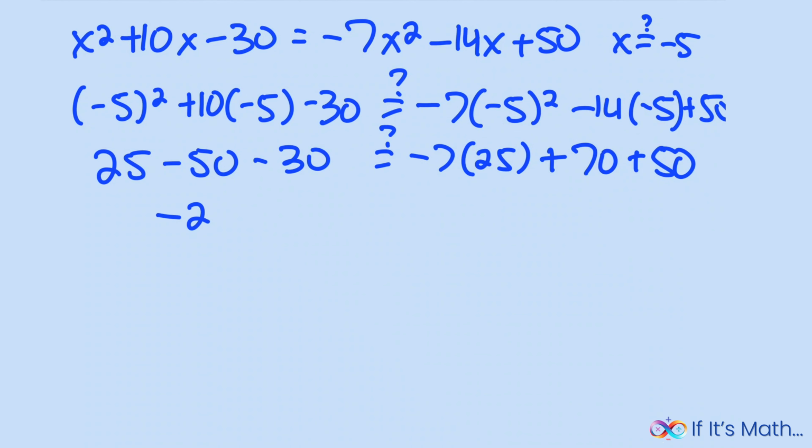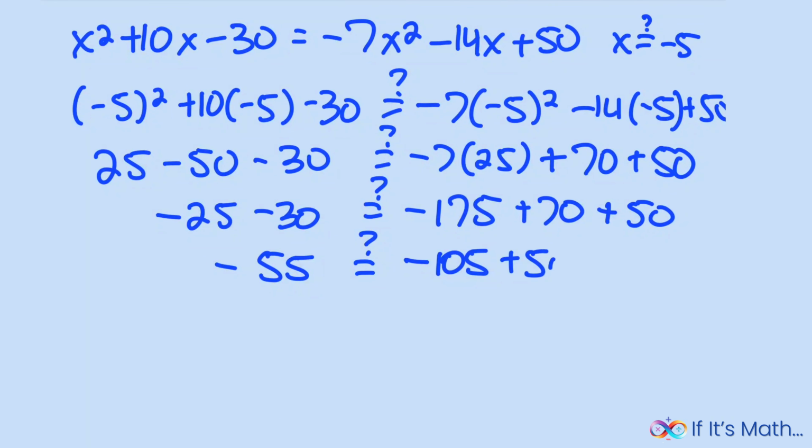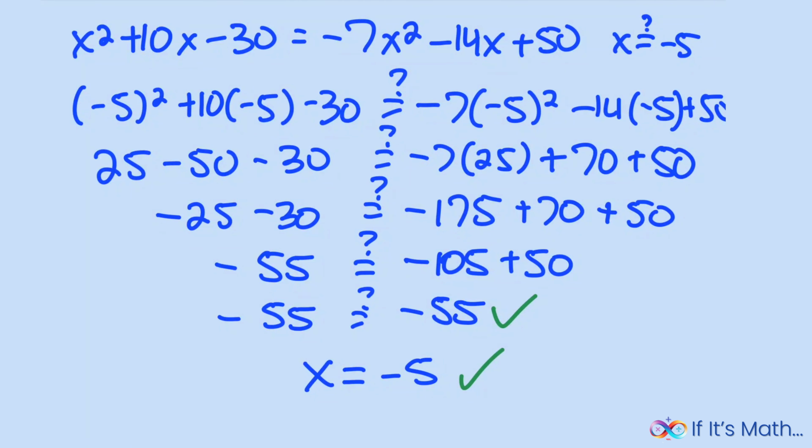So does negative 25 minus 30 equal a negative 175, excuse me, plus 70 plus 50? Does negative 55 equal a negative 105 plus 50? Does negative 55 equal negative 55? Yes, it does. So that will let us know x equals negative 5 is a correct solution.